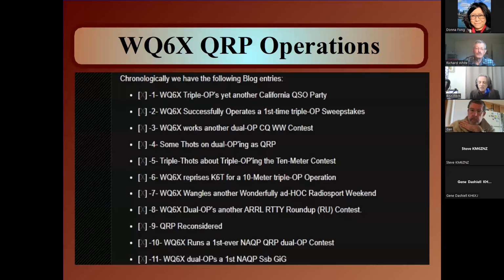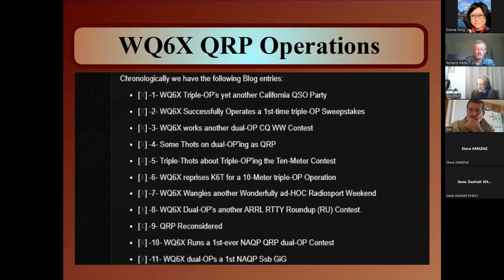T stands for 10 meters, basically. A dozen years ago, I ran K6T and did some very interesting things with it, so I wanted to reprise the call sign for that event last year. And then again, interspersed with all of that, I ran WQ6X as a QRP station and took first place in that category.